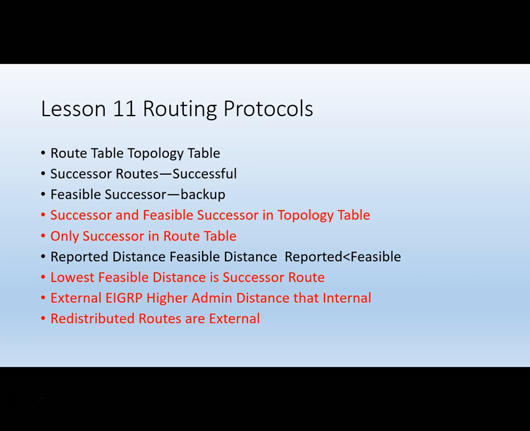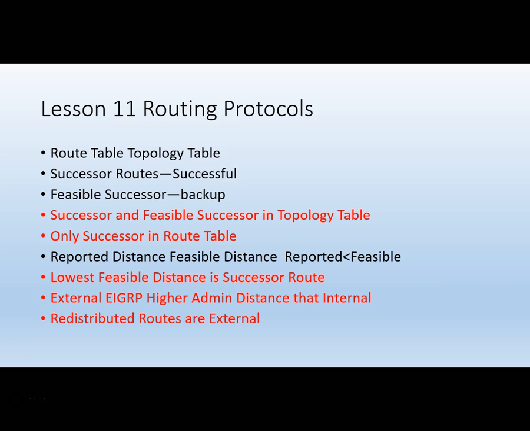The successor routes and the feasible successor routes are both going to be listed in the topology table. The successor routes, the ones that we're going to use, the best routes, the best paths, are only going to be in the route table. Successor and feasible successor in the topology table, only the successors are in the route table.